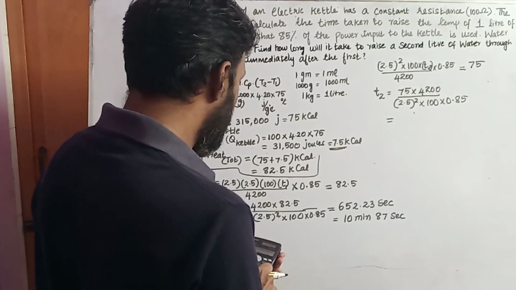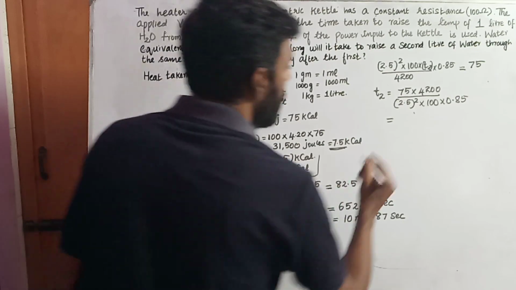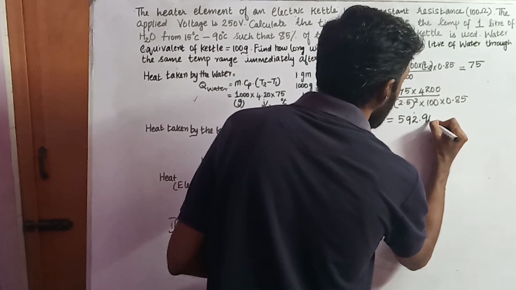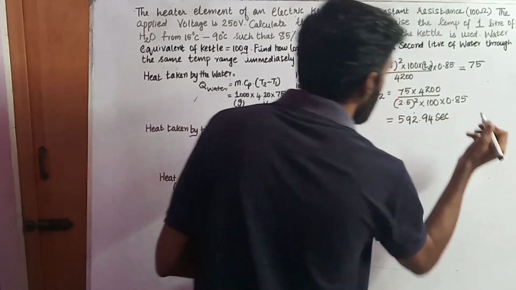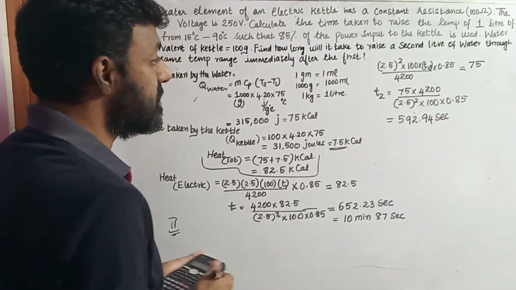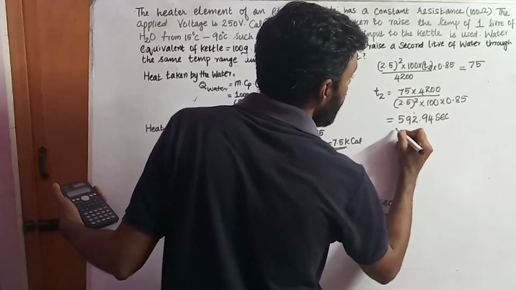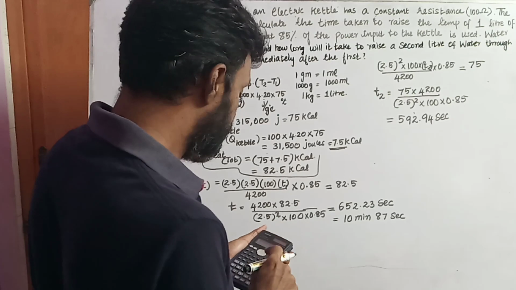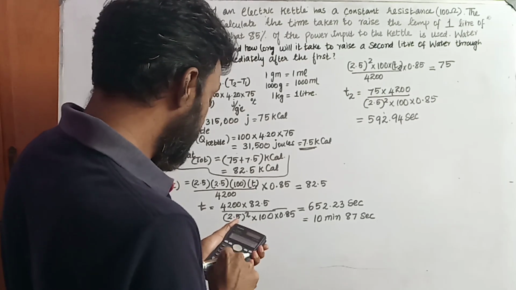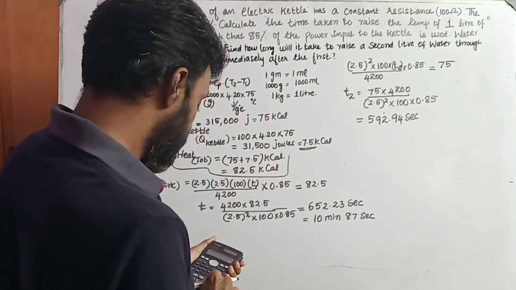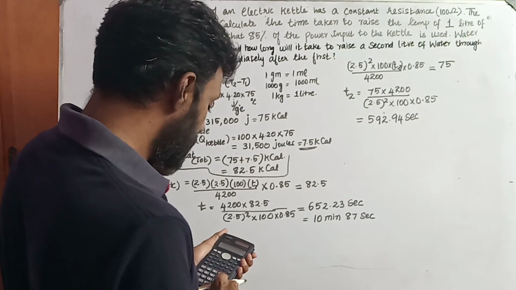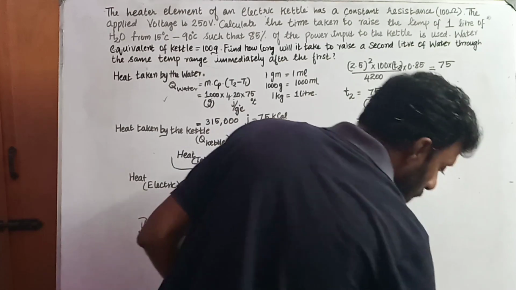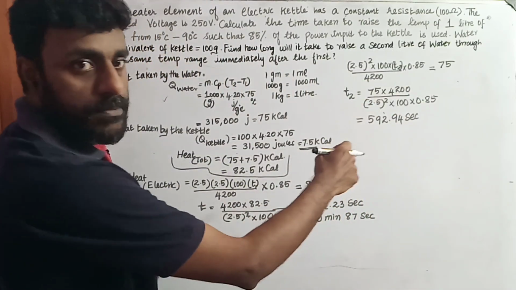So that is nothing but 592.94 seconds, T2. We need to convert these seconds into minutes. 592.94 divided by 60 gives the value in minutes.